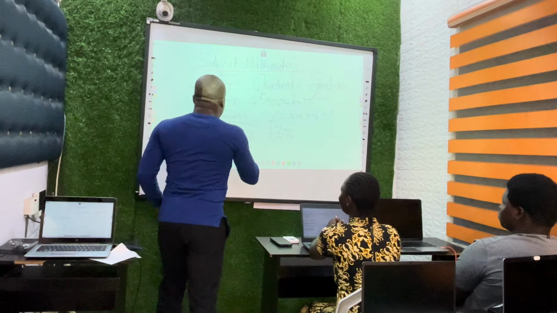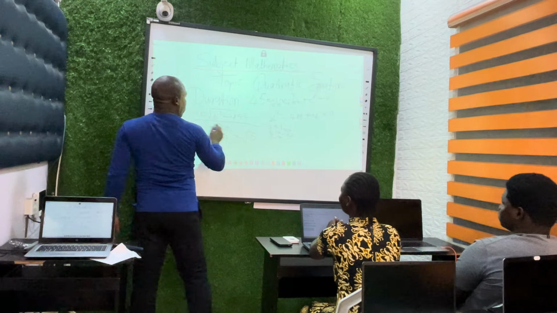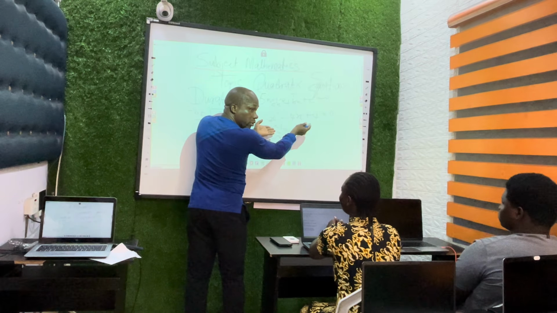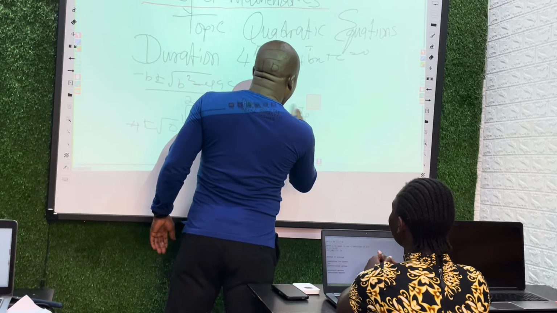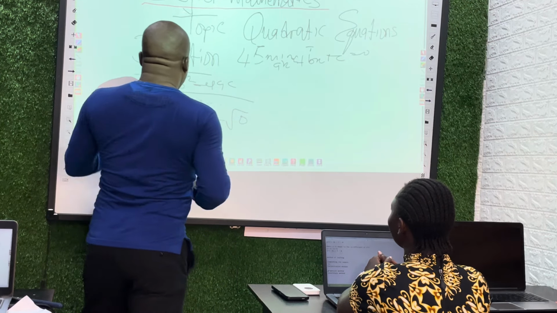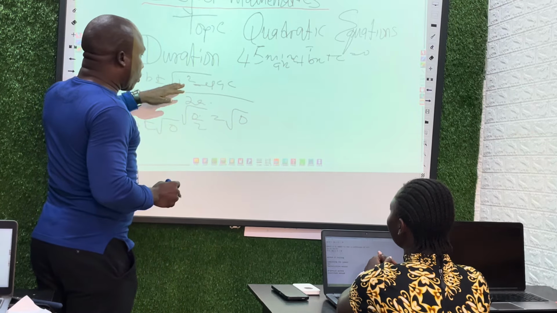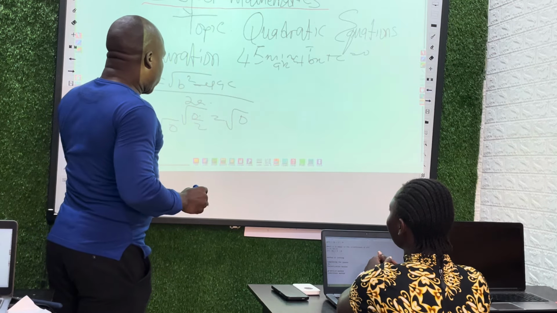Okay, let's just evaluate this so that you understand what I mean. You have this in your notes. Okay, this is the formula: minus b plus or minus the square root of b squared minus 4ac all over 2a.